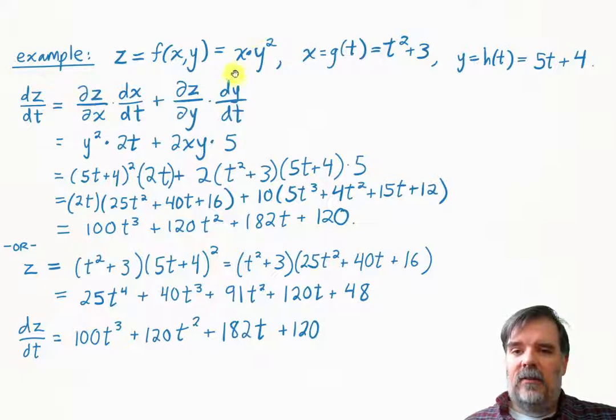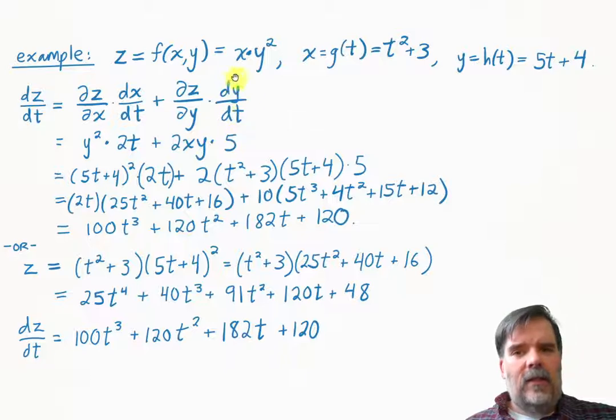dz/dx, the partial derivative of this function with respect to x, is x times a constant, so that constant, y squared. dx/dt, the derivative of t squared plus 3, is 2t. dz/dy, the partial derivative of a constant times y squared, is going to be 2 times a constant times y, 2xy.